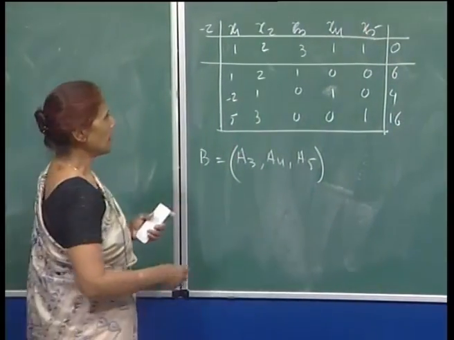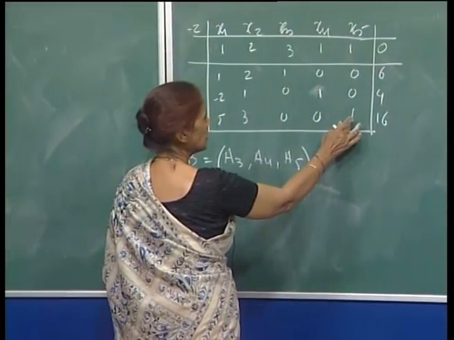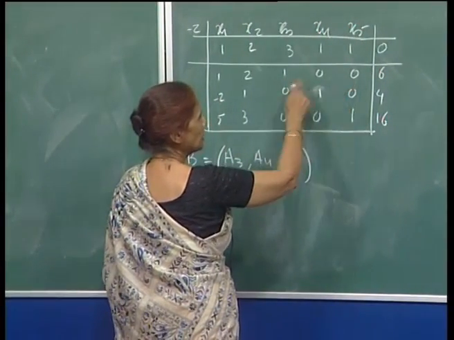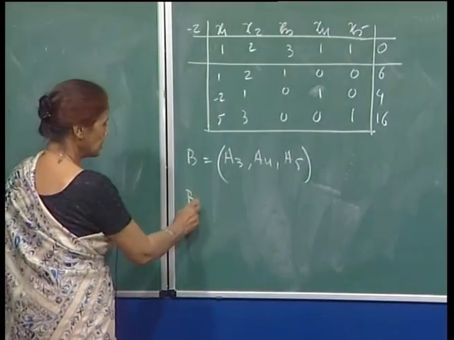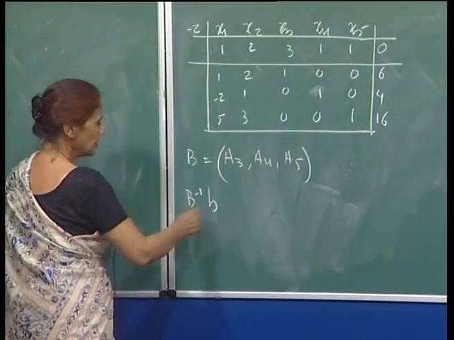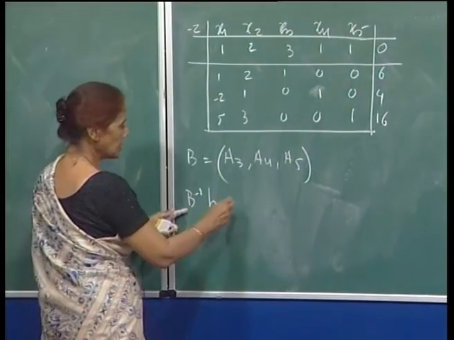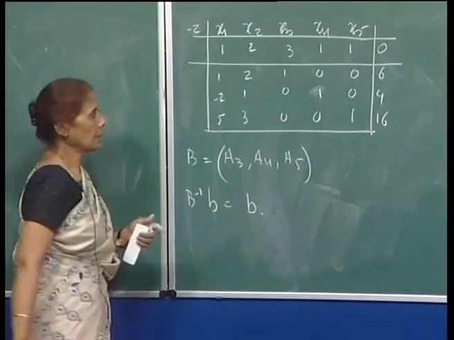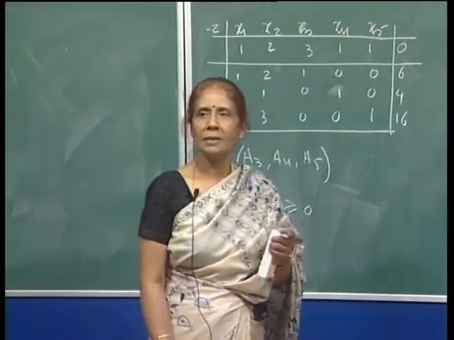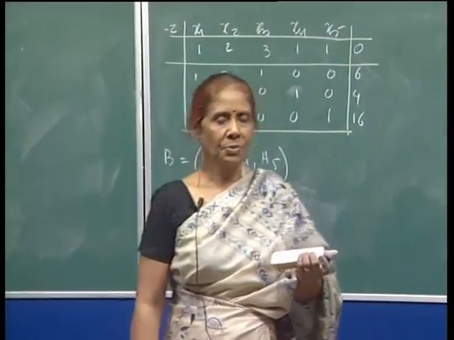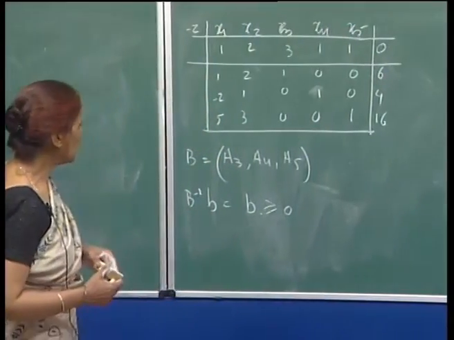In this case, it just happens that I have an identity matrix. Therefore, my basic feasible solution, which is otherwise given by B inverse b, is simply b, since B inverse is identity, and since b is all non-negative, I have a starting basic feasible solution.